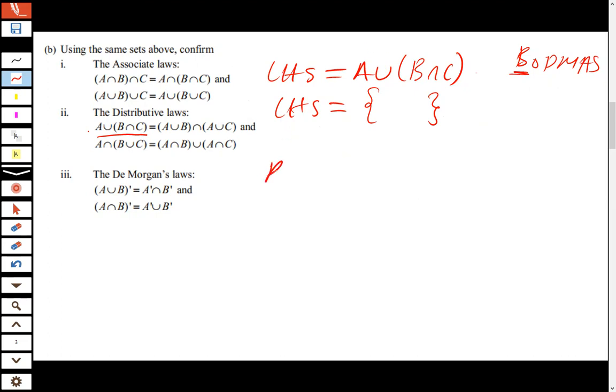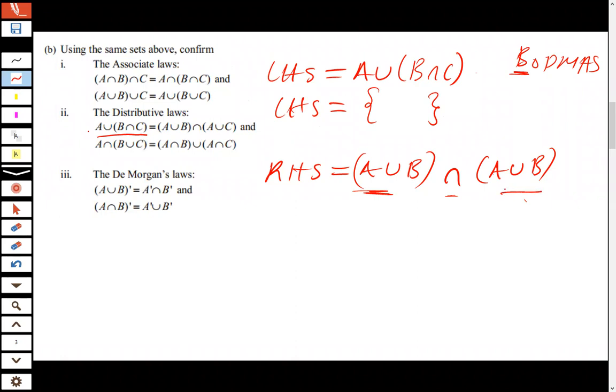Then from there, you also get your right-hand side. The right-hand side will simply be A union B in brackets, and then intersection A union C. So you first find what is here and there. You find this alone and that alone, and then you find the intersection between this and that.